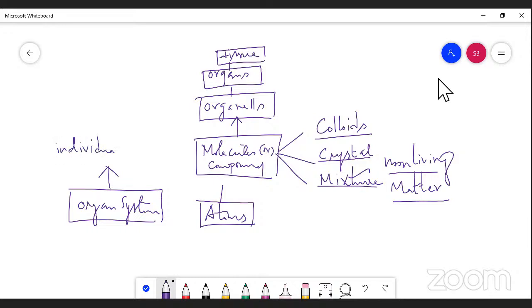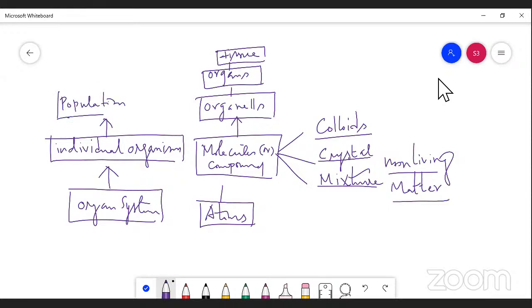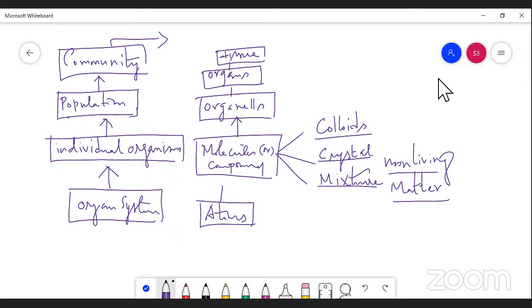Individual organisms form a population, populations form a community, and communities form an ecosystem. What is an ecosystem? All the plants, animals, and microbes together are called the ecosystem.